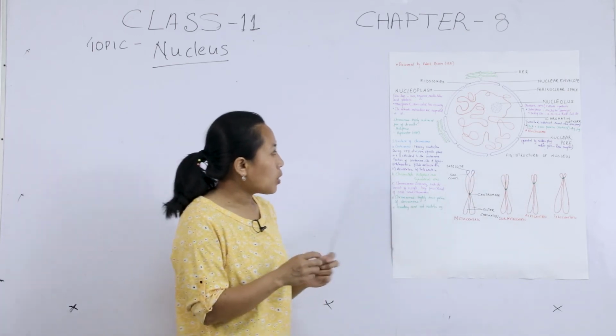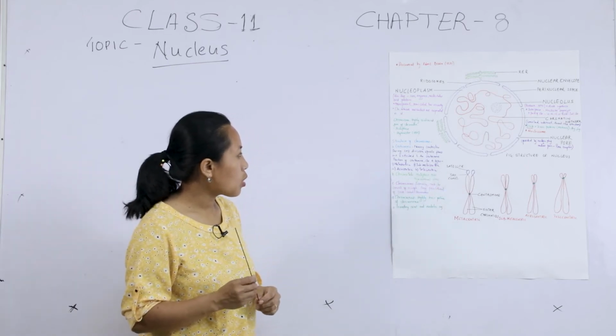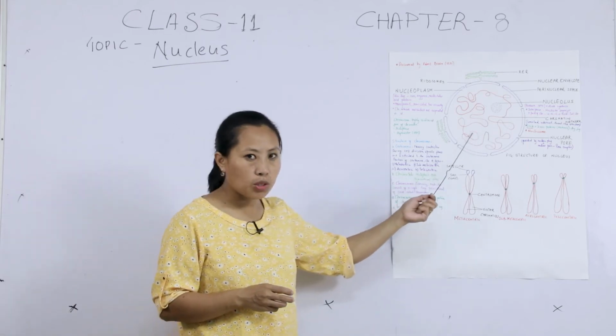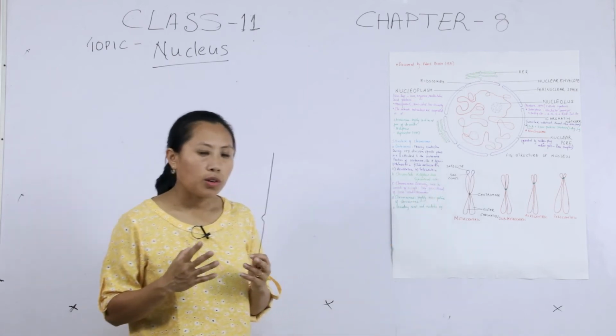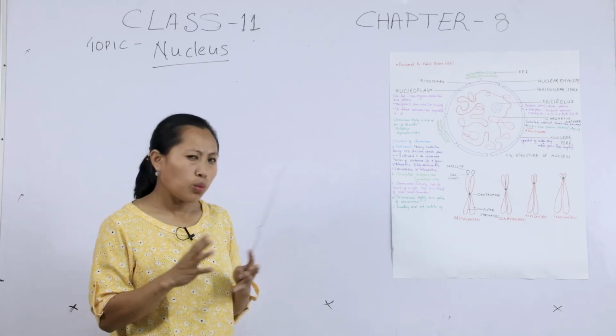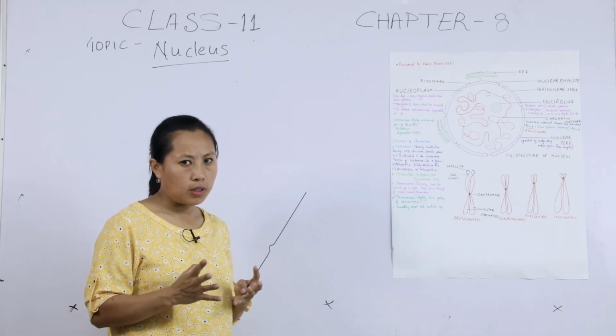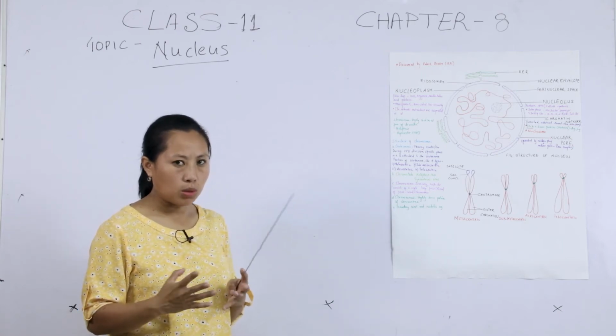So this chromatin network consists of uncoiled, distinct, thread-like structures which are visible during the interphase stage of the cell cycle. However, the cell will not remain in the interphase stage forever. It enters into the division phase where it undergoes mitotic or meiotic division.